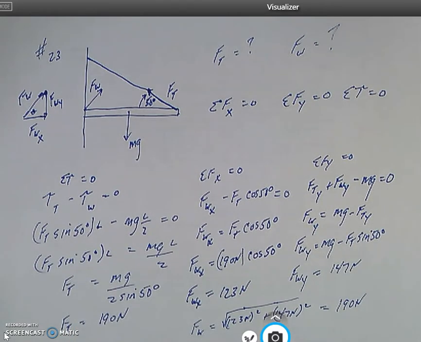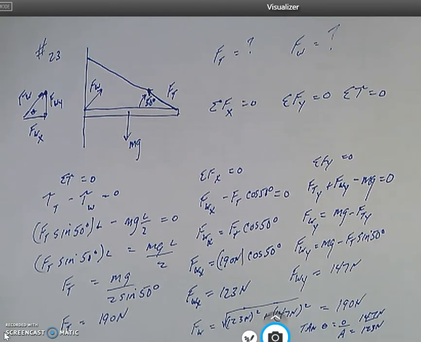Tangent is opposite over adjacent, so the tangent of theta is 147 newtons divided by 123 newtons.